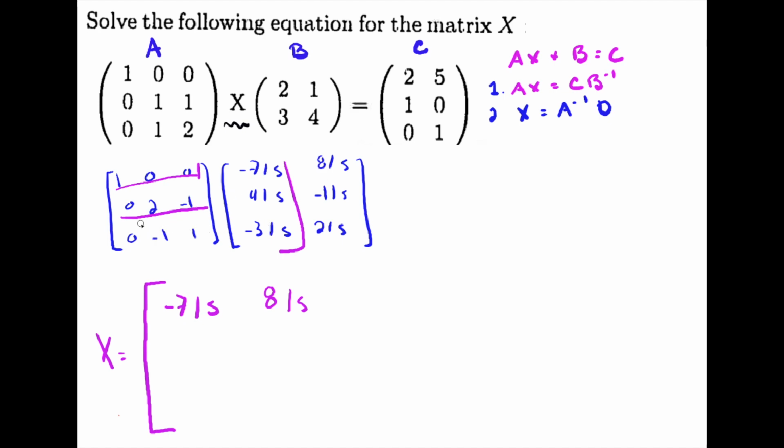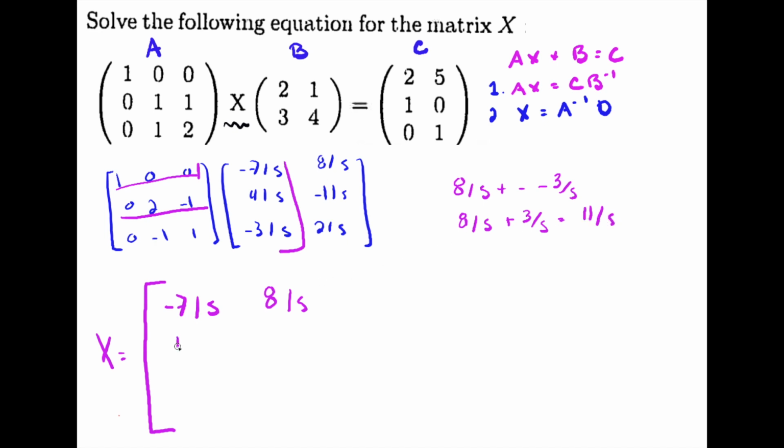Now let's take our second row, first column. Here we have 0 times negative 7 out of 5 plus 2 times 4 out of 5, which is 8 out of 5, plus negative 1 times negative 3 out of 5. So that is 8 out of 5 plus, negative negative is just plus, 3 out of 5, and that gives us 11 out of 5.